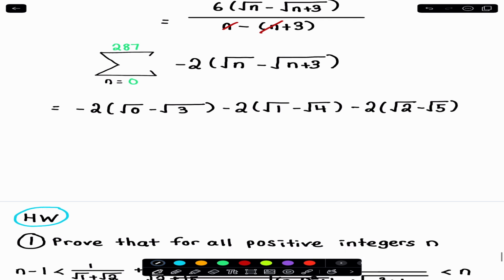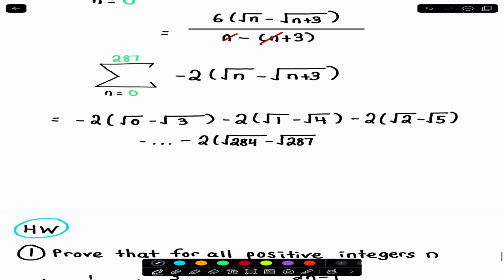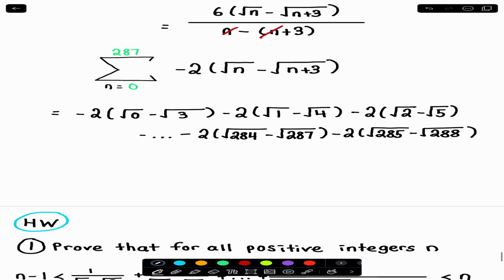So this can keep going until n equals 284, minus root 287, and then root 285 minus root 288, minus root 286 and 289.